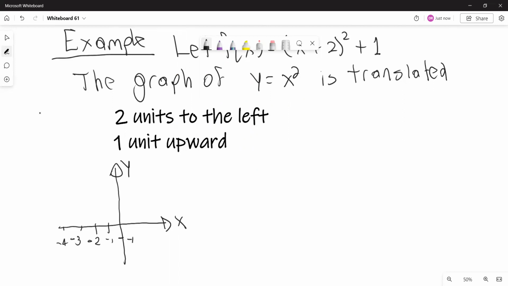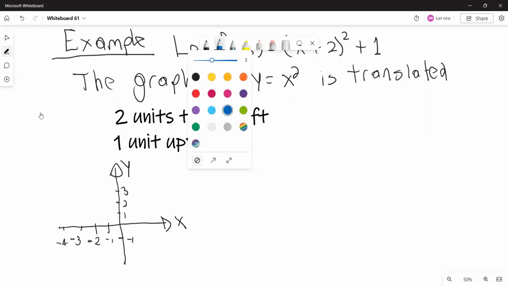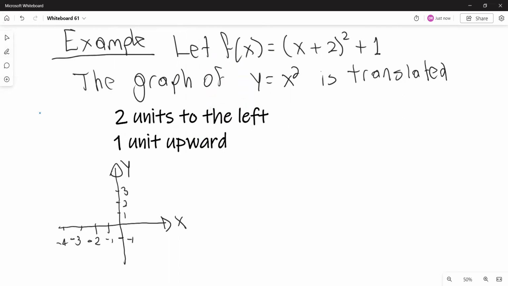There is no reflection. So you're shifting the vertex from the origin to (-2, 1). And then the other points are going to be (-1, 2), (0, 5), (-3, 2), and (-4, 5).